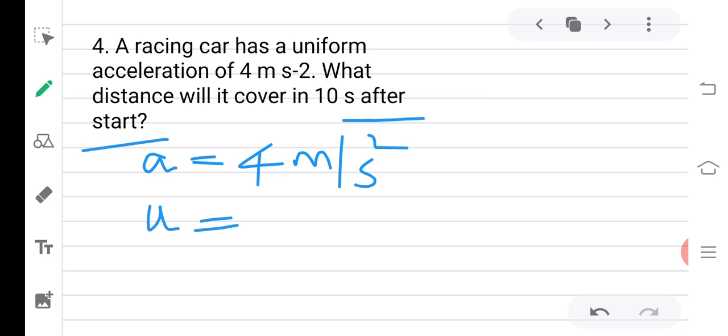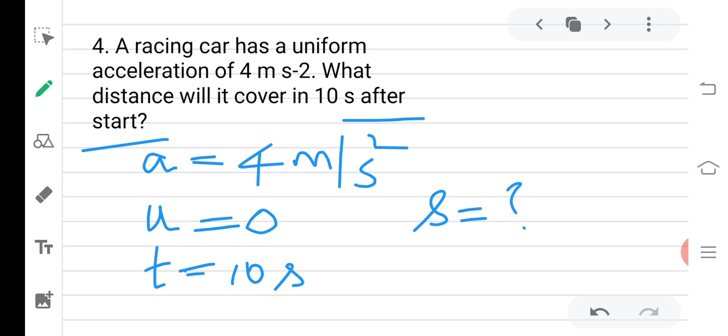After start, that means u is equal to 0. Then time taken t is equal to 10 seconds. So what is asked? You have to find out the distance. So which one will relate all these things?